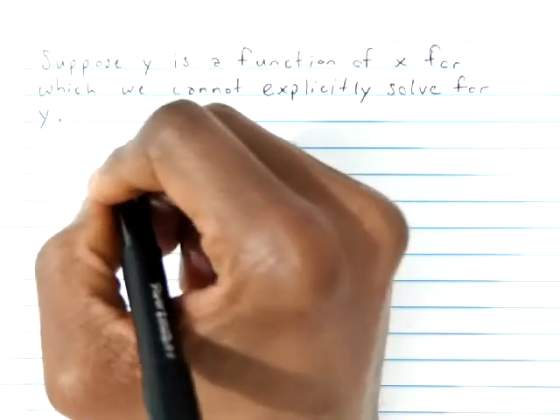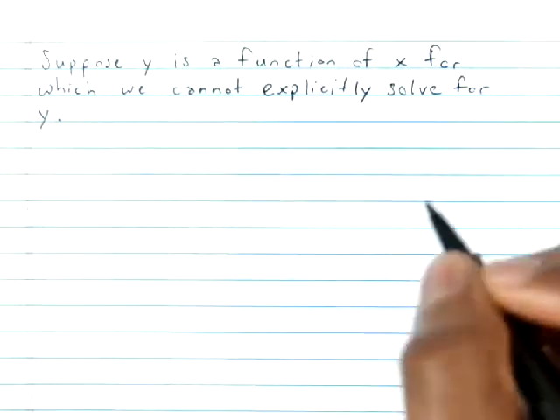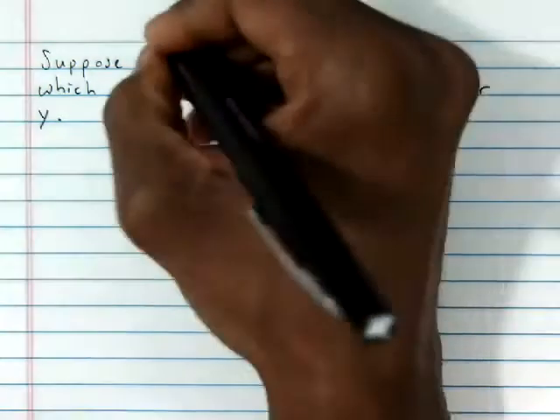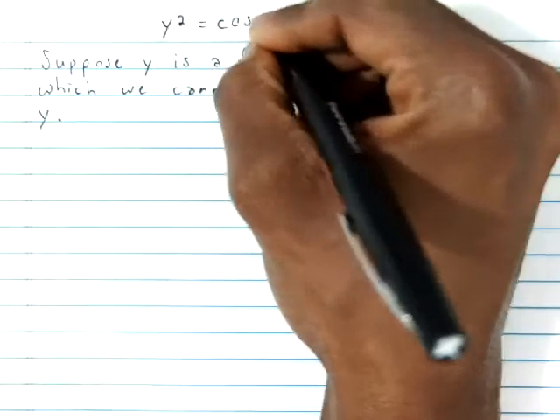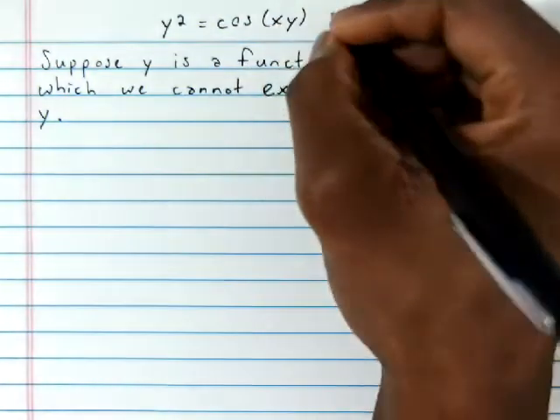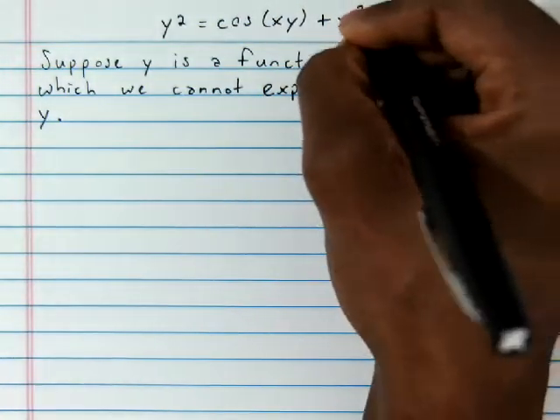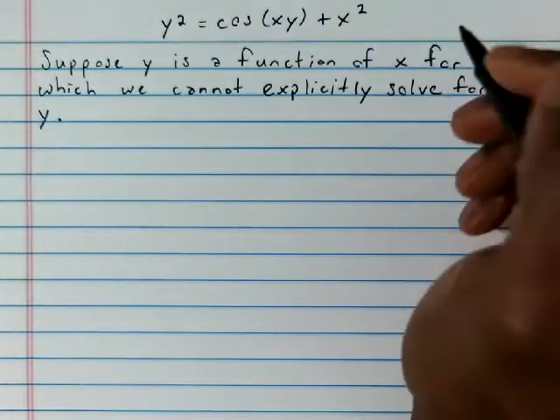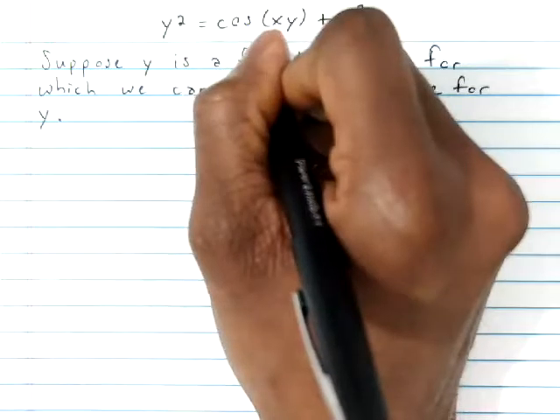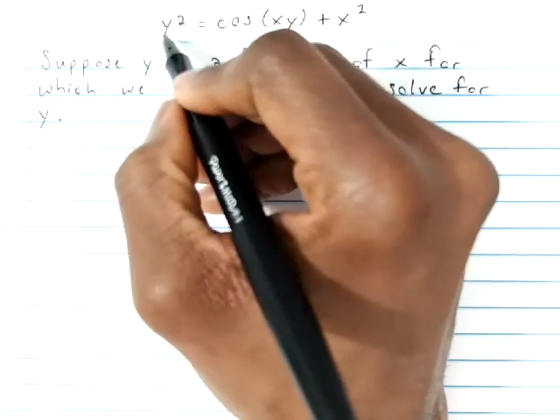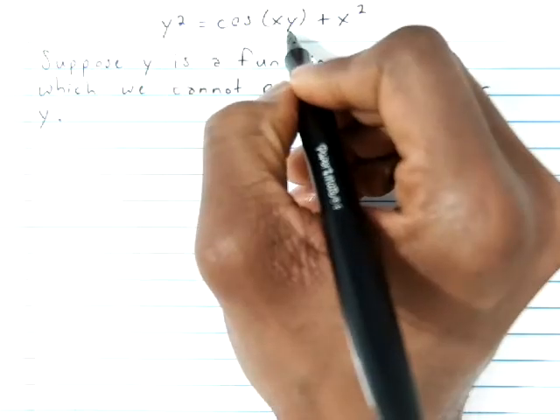For example, if I had a function like y squared equals cosine of xy plus x squared, here I have a function where I can't isolate y, but I'm saying that y is some function of x. I can't solve for y.